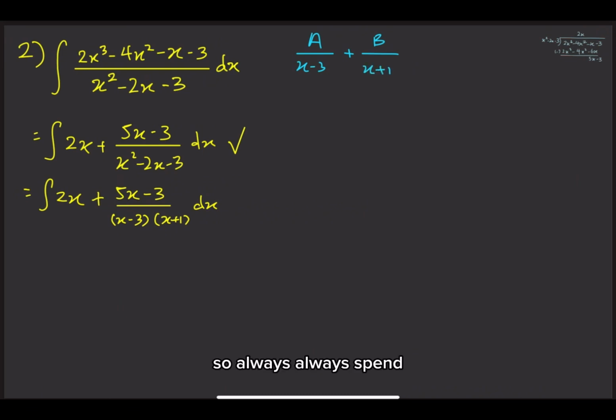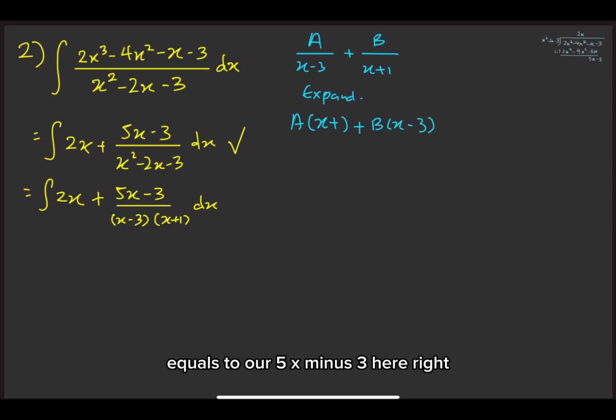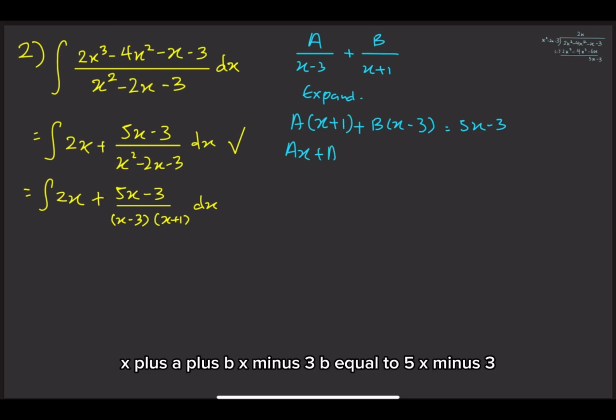Always expand: since A has x minus 3, we multiply by x plus 1, plus B times x minus 3, equals our 5x minus 3. Expanding, Ax plus A plus Bx minus 3B equals 5x minus 3.